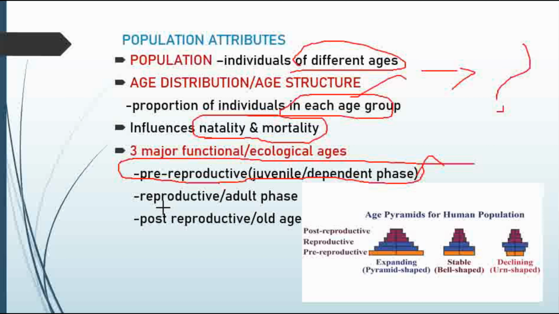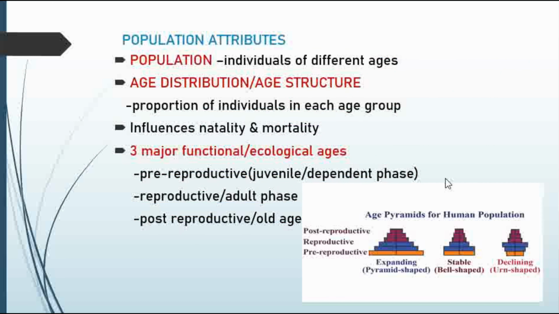Then the reproductive or adult phase, those who are adults. And the post-reproductive or old age phase, the old people. So these are the 3 main functional ages that you find in a population.